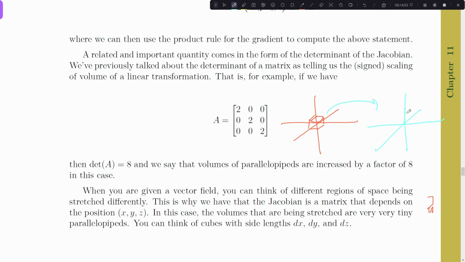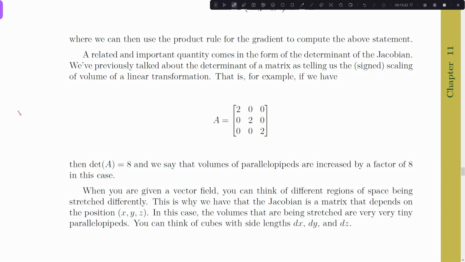So maybe the cube now looks like this weird looking cube in the space, and the determinant describes the change in volume that the cube experienced when it got mapped. And so the determinant of the Jacobian does the same thing, but it's doing it for an infinitesimal cube. That's what you can think about.